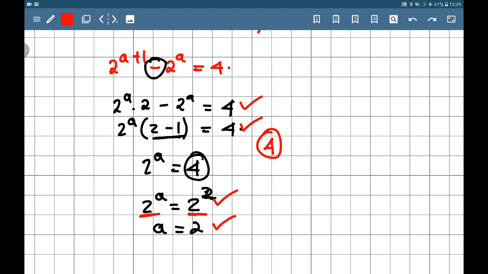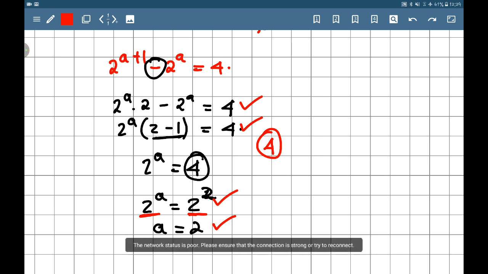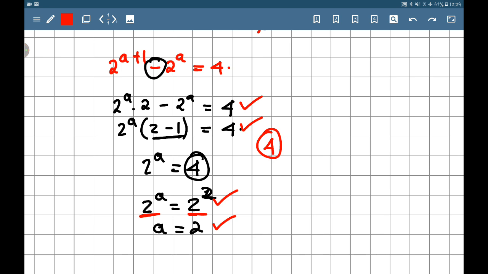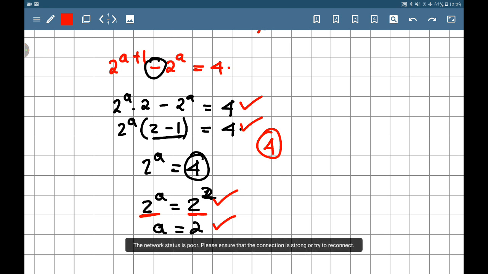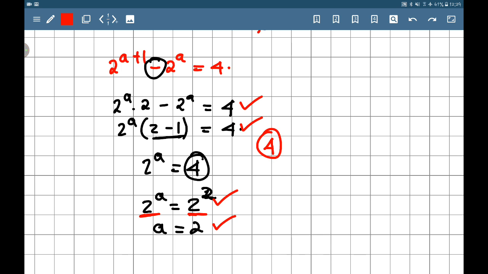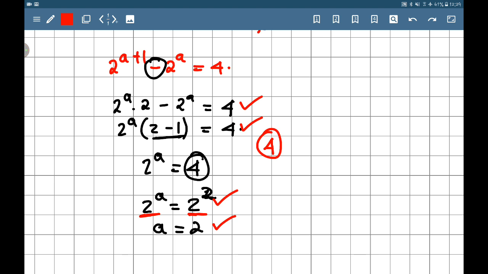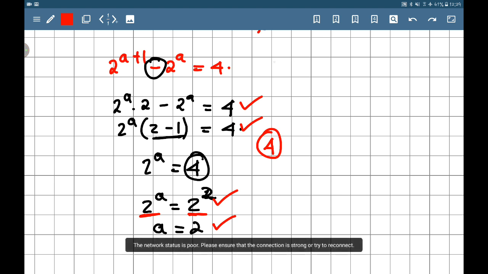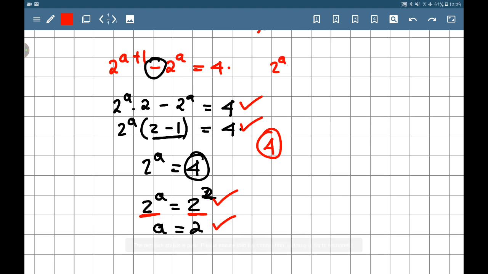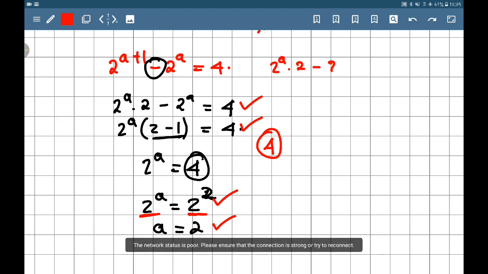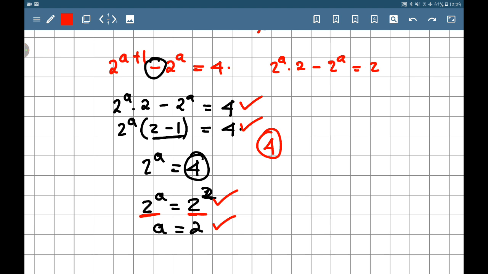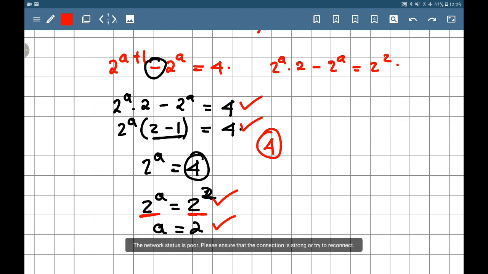But remember, 4 is not an exponent per se, but you can still do that part because I said each and every term must be as a prime base, right? Yes. So basically it's my bad. It was supposed to be 2 to the power 2 minus 2 to the power a is equal to 2 to the power 2, because 4 must be in its prime base. So for doing that, you're going to get a mark either way.